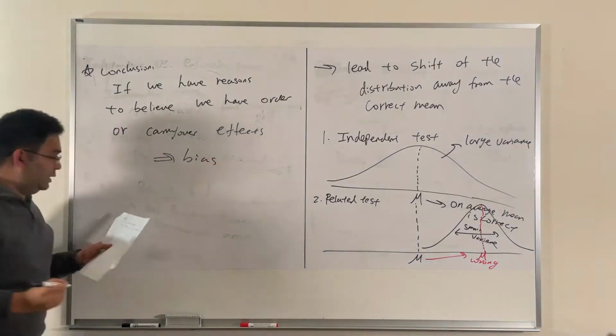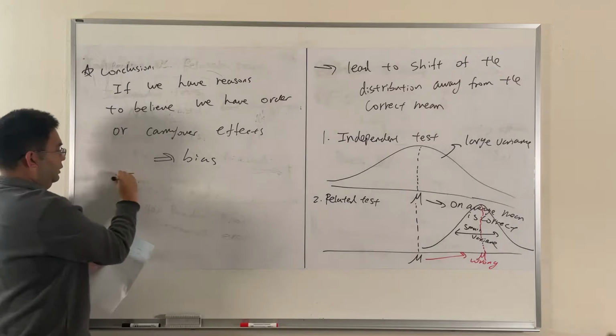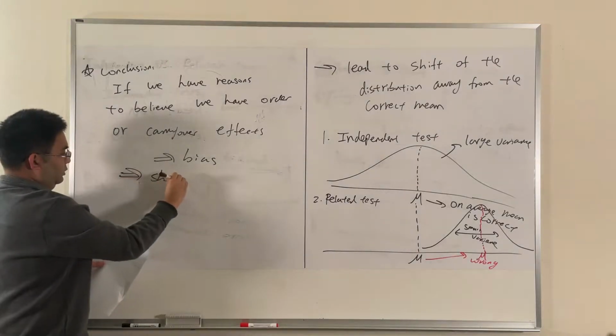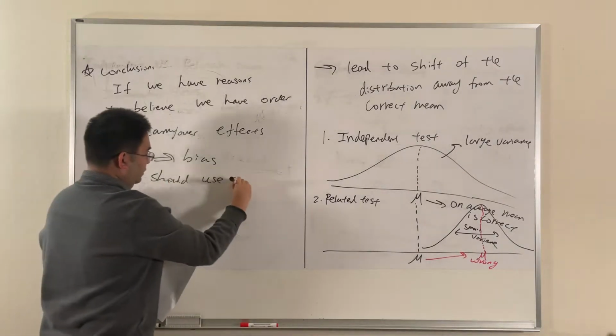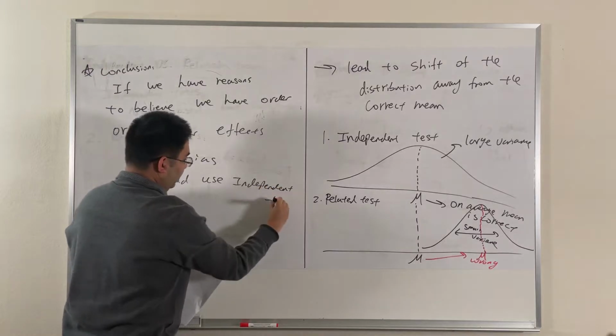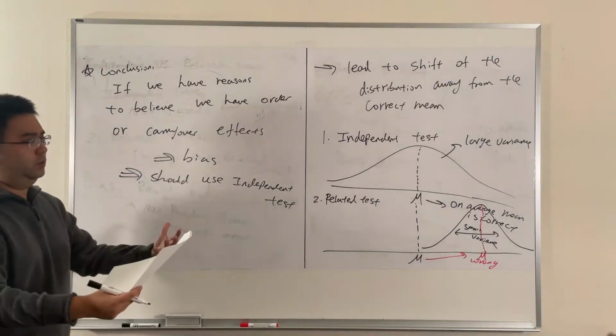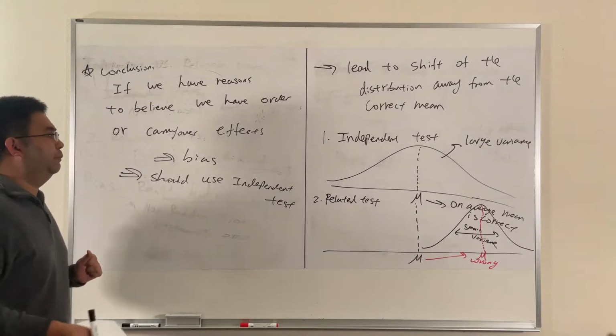If we know there is bias, then we should definitely use independent tests, right? Because bias is really bad. It shifts the whole distribution away from the correct mean.